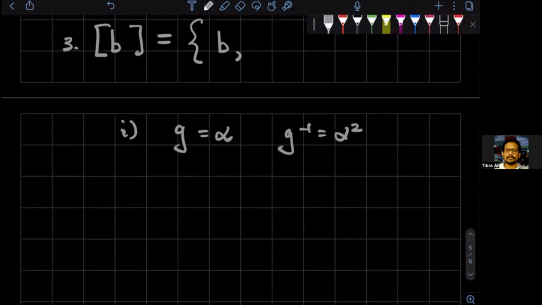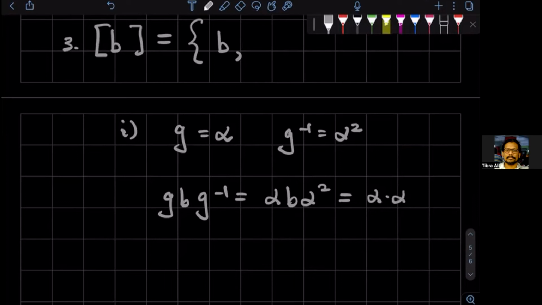Then G B G inverse is alpha B alpha squared, which is going to be alpha times alpha times B, right? And that's going to be alpha squared B, okay?